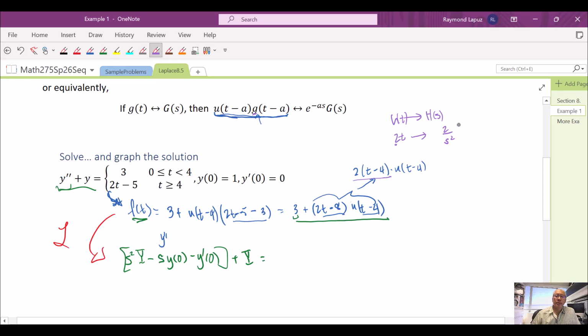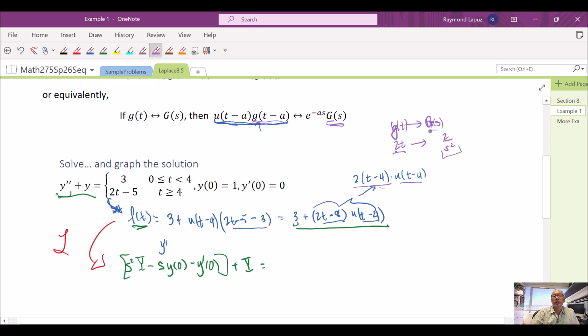All right, so let's call this g, and let's call this capital G. So this is your g, and then g of t minus 4 is 2 times t minus 4, and then you have the u of t there. So this is going to be capital G of s, our transformation, and we need to multiply that by e to the negative as, where a is equal to 4.